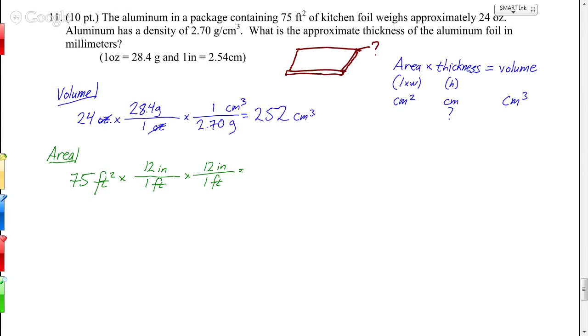So 75 times 12 times 12 is 10,800 square inches. So be careful with these compound units, squares and cubes, that you're accounting for all of them.